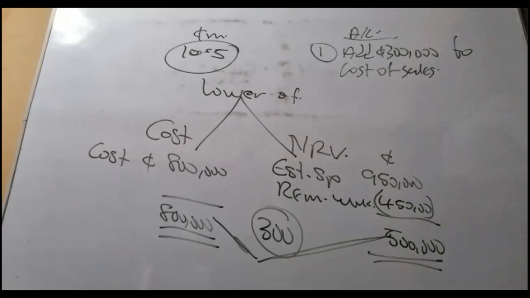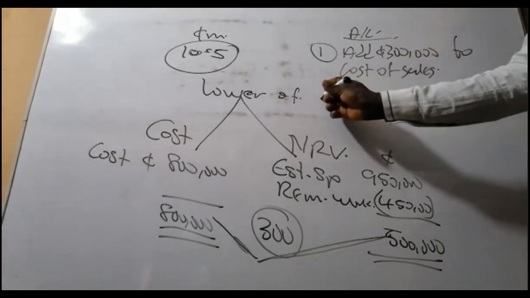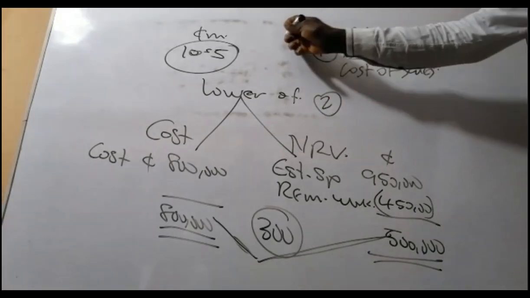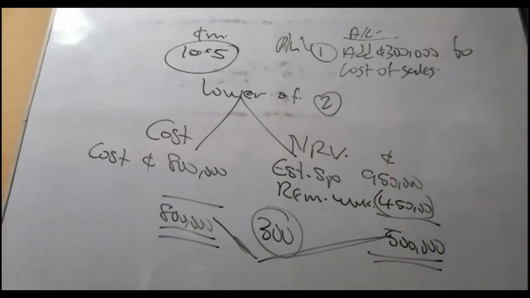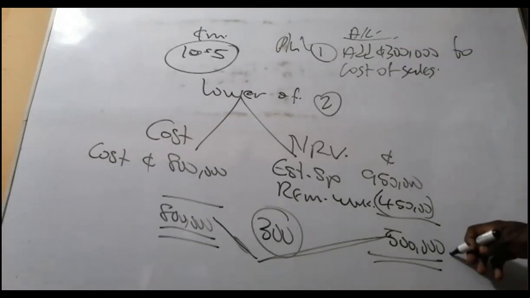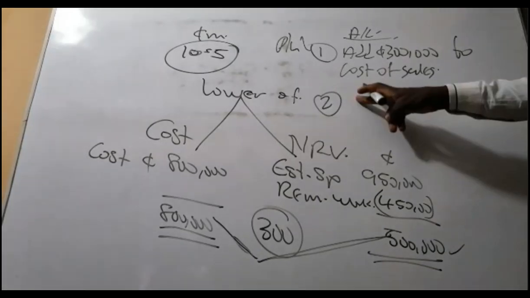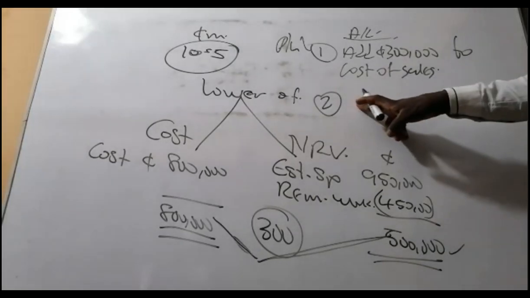Now, two, in the financial position. This is the P&L. What will go to the P&L? The two is the financial position. You record the value, the NRV. But here, if you record 500, it's incomplete because the inventory is made up of two parts.